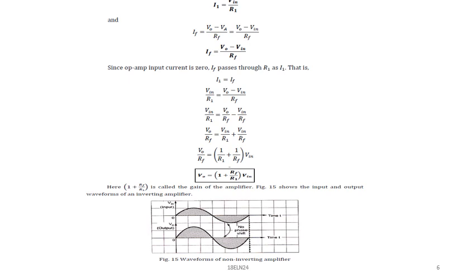At that time you have to find out the resistance values, R1 and RF. And as it is used for amplification purpose, the output voltage is always greater than the input voltage. So this is about the op-amp as inverting amplifier and non-inverting amplifier.